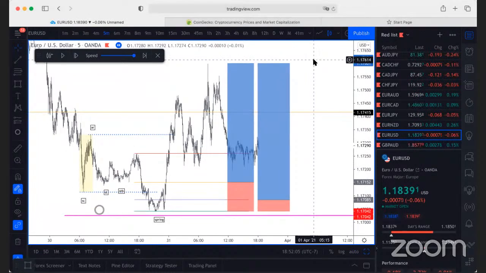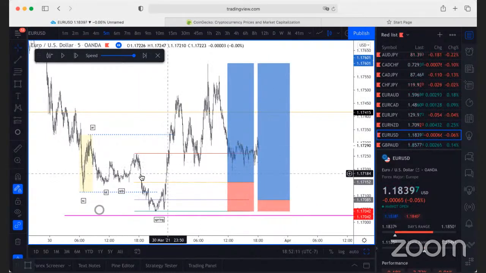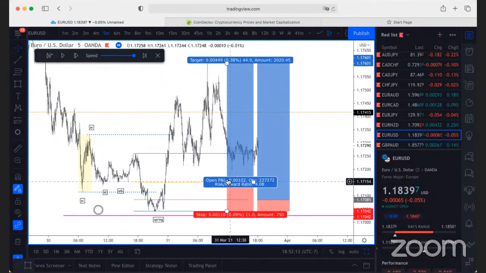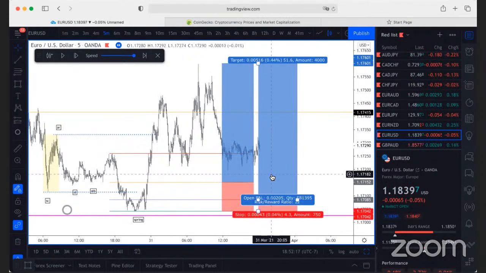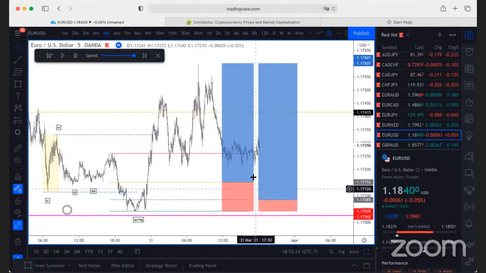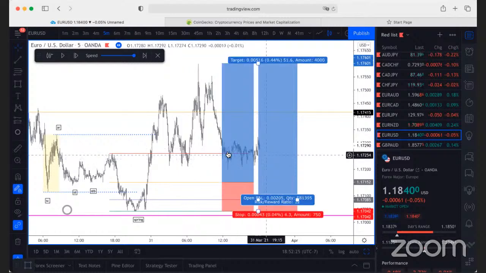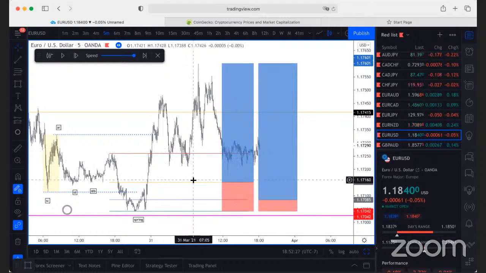Let's say that for some reason we weren't convinced in this schematic. Once we start getting this consolidation right above our entry, we know one of two things is going to happen. It's going to tap us in and confirm the schematic, or this is going to fail and hit stop loss. So seeing this price action would entice me to place my limits.